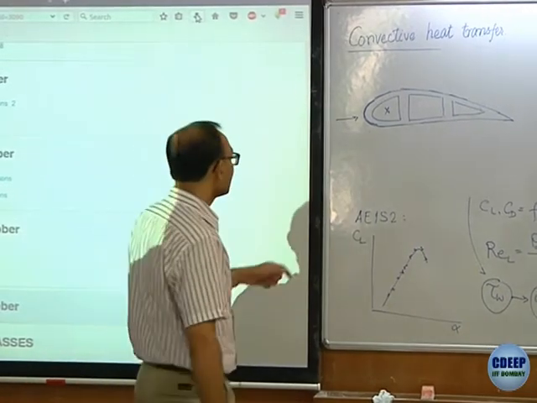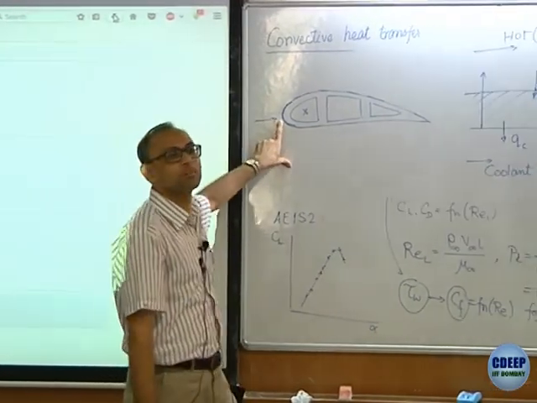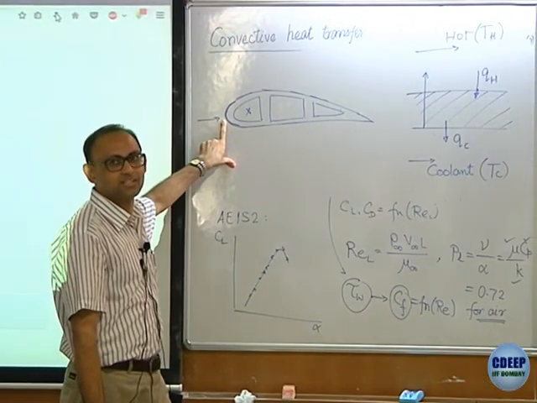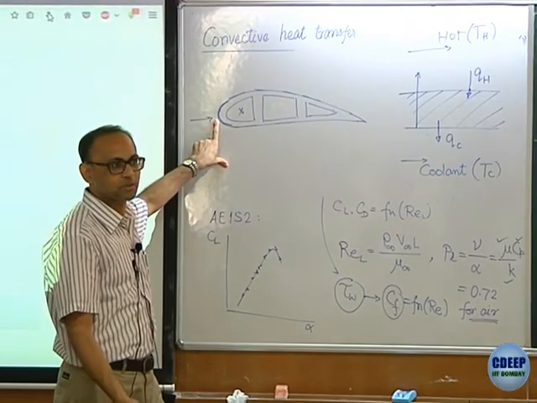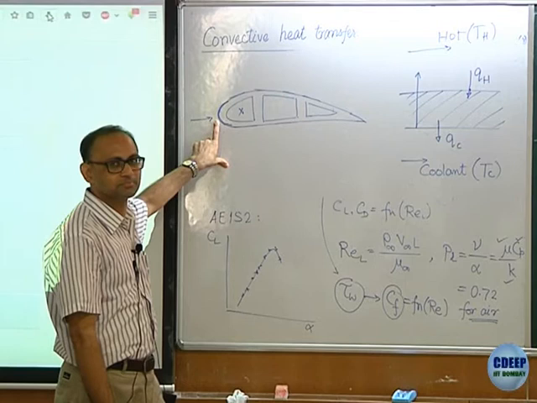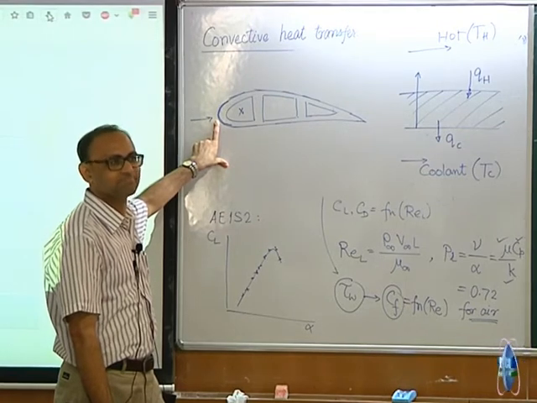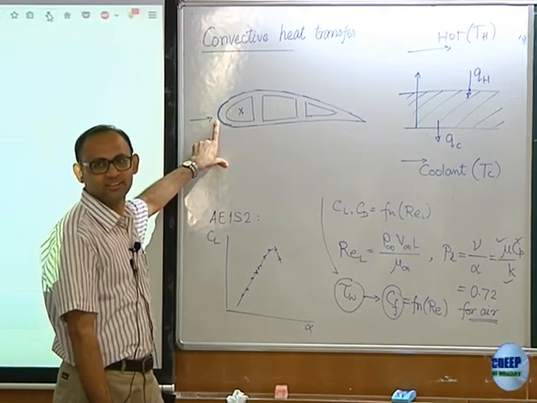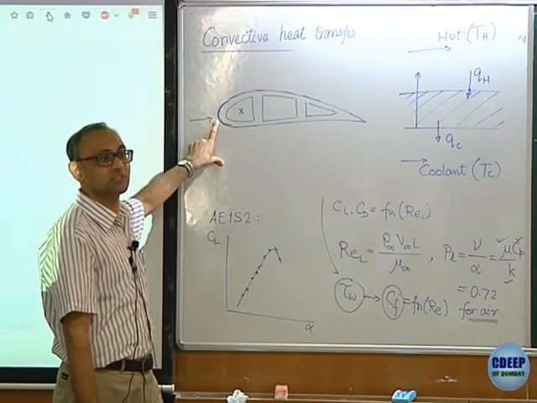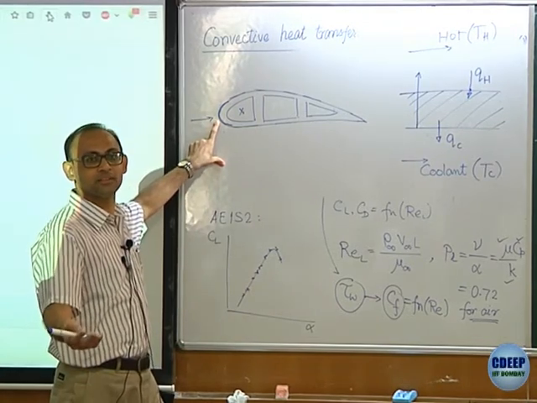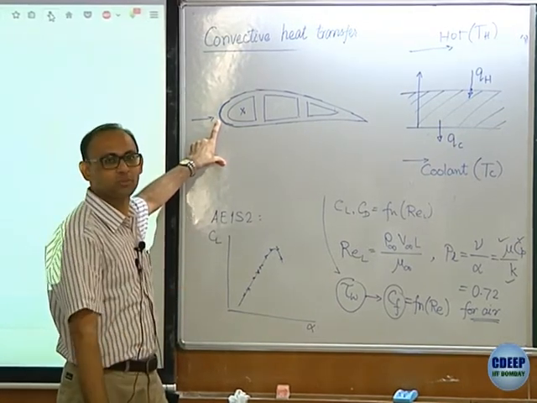And in fact, this point happens to be the most crucial part of the heat transfer problem. That's because it's a stagnation point. At the stagnation point, pressure is highest, and in the same way heat transfer is highest at the stagnation point.